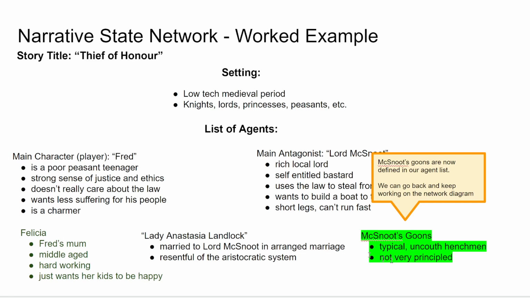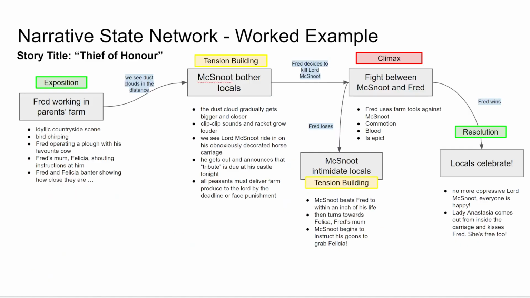So maybe you could convince McSnoot's goons to turn on McSnoot, because they don't really care about McSnoot. They only care about getting paid. But yeah, let's go back to the state diagram and keep expanding.